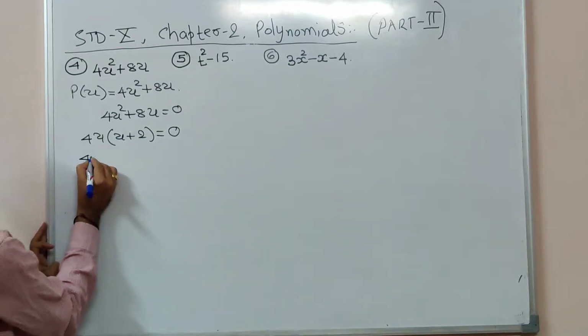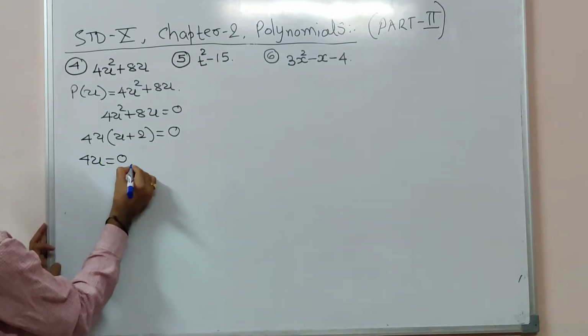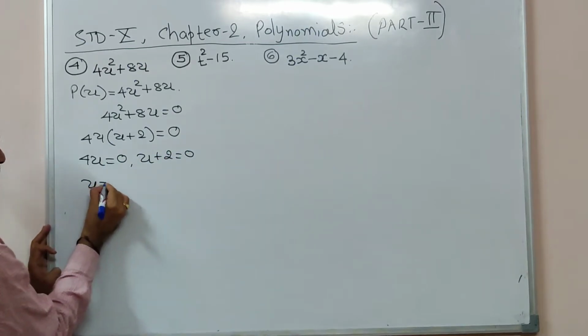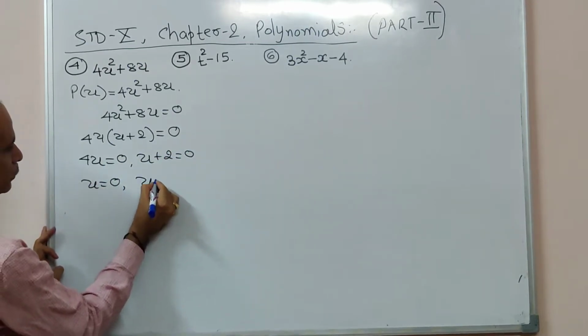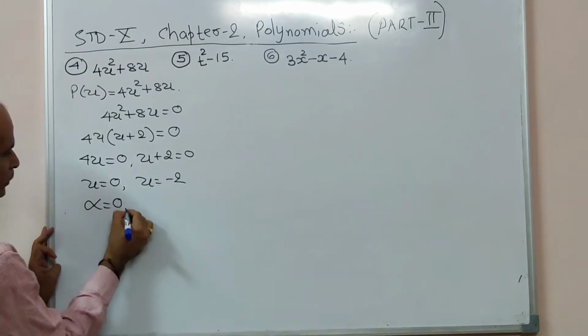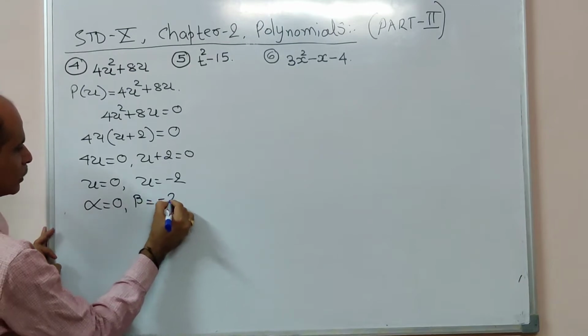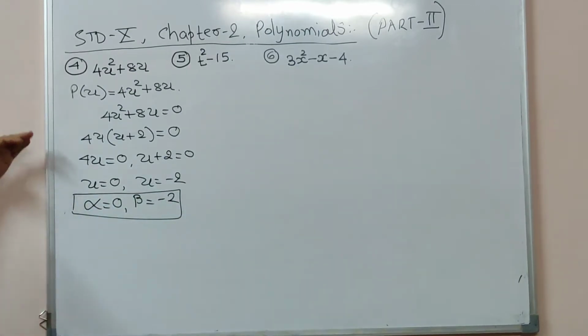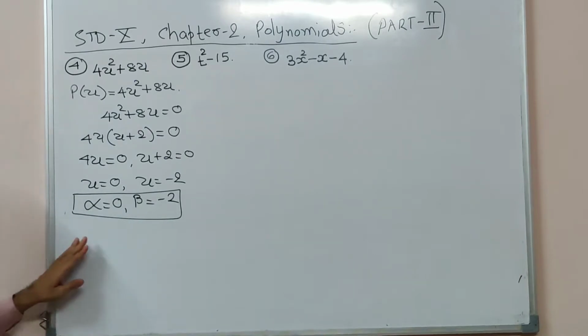So from this we can write 4u is equal to 0 and u plus 2 is equal to 0. So u is equal to 0 and u is equal to minus 2. So alpha is equal to 0 and beta is equal to minus 2. So this is the way to find the zeros of the polynomial.